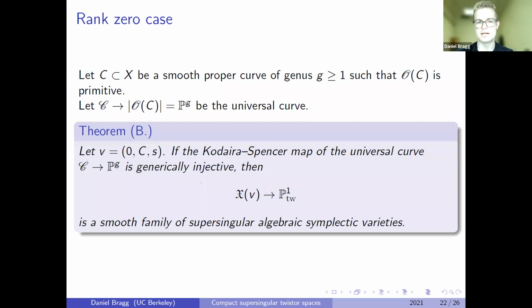Here's my condition that guarantees this smoothness. If the Kodaira-Spencer map of the universal curve is generically injective, then this family is actually smooth. The fiber at infinity is smooth.